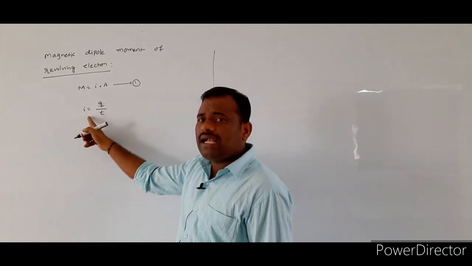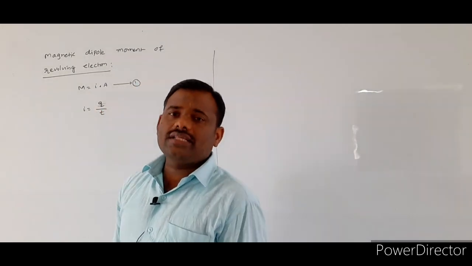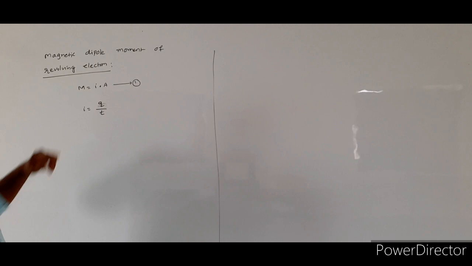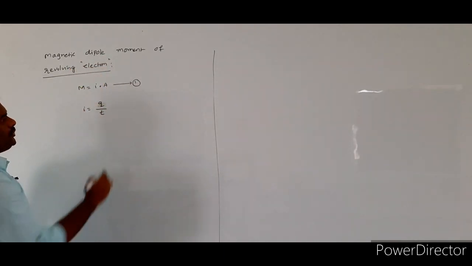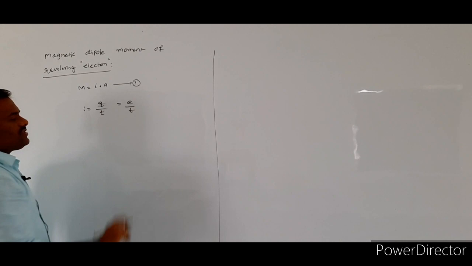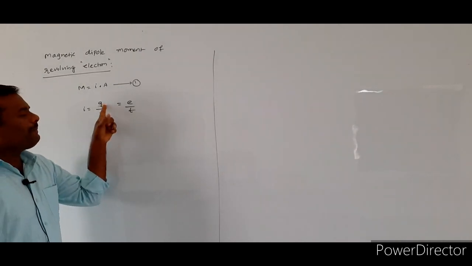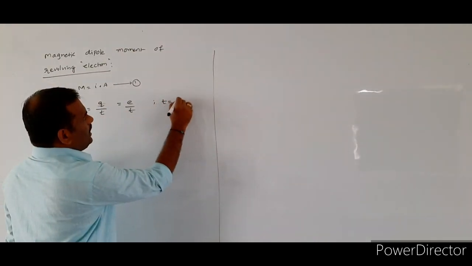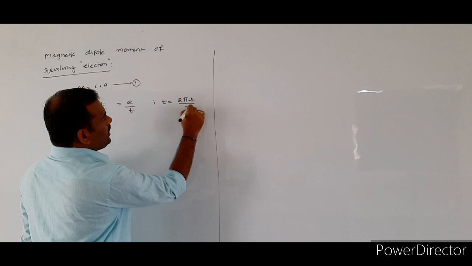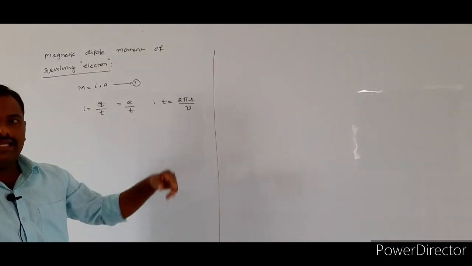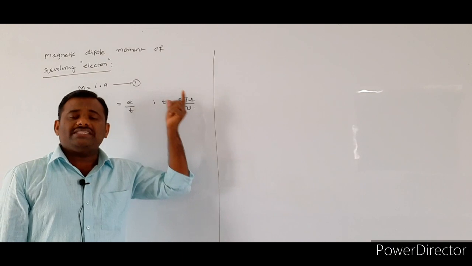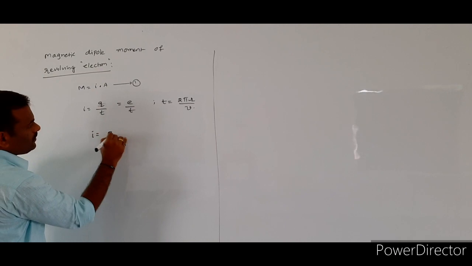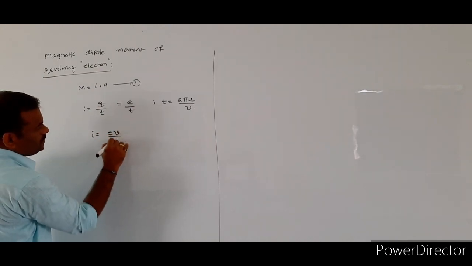The general definition of the electrical current is I is equal to Q by T. If you consider here electron is a charged particle, so in the place of Q we have to write e by T. Already we derived T is equal to 2 pi r by v. Previously we wrote in the last application, T is equal to total distance covered by speed of the charged particle. Substitute these values here, I is equal to, you will get ev by 2 pi r.